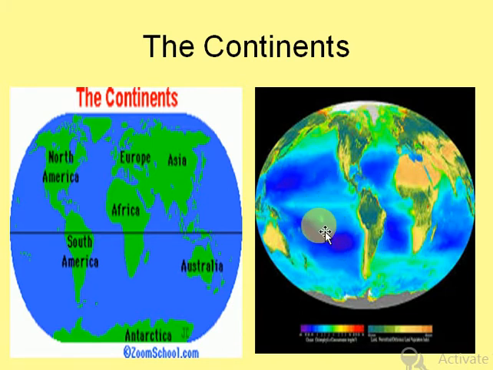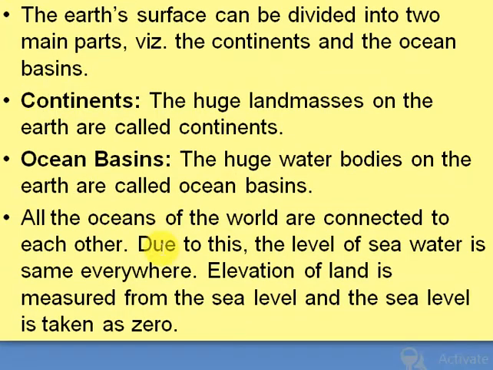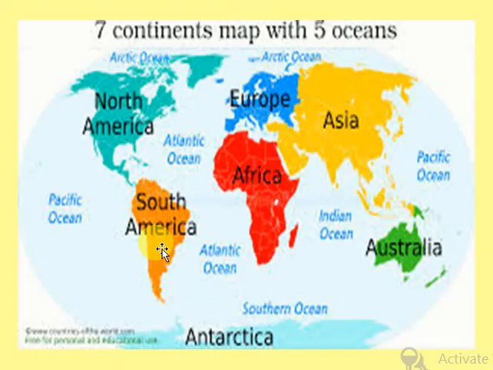So all oceans of the world are connected with one another. If you look at the picture, all oceans of the world are connected with each other. Pacific Ocean, Indian Ocean, Atlantic Ocean.